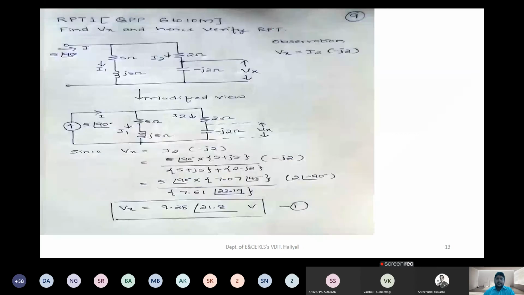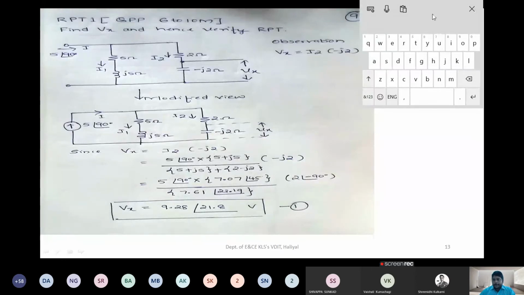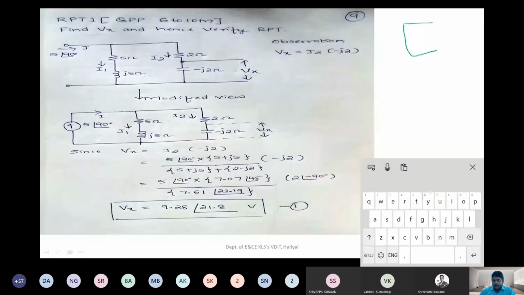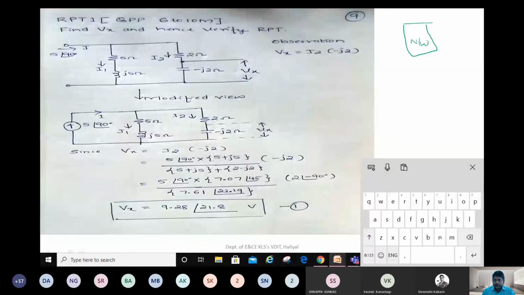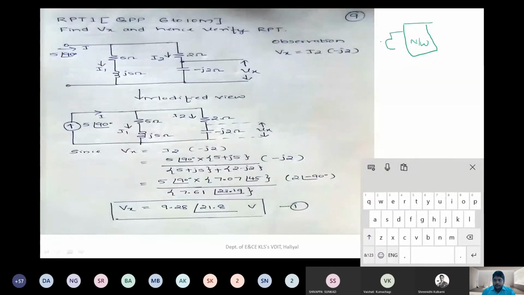Now we can take the problems related to the reciprocity theorem. If you consider the reciprocity theorem, what was the requirement? If you have some network, and you have some input here, and within the network or outside the network you have some output, first you evaluate for this input and this output.